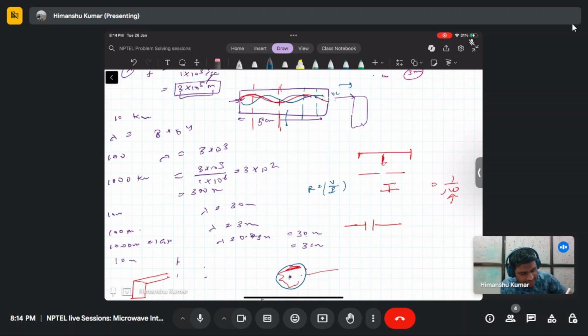Here the voltage and current, the phase is different and the magnitude is also different. Here also the phase is completely different and the magnitude is completely different. So at these two points, you can't say that the inductance component is dominant or the capacitance is dominant. That is the variation along the line.